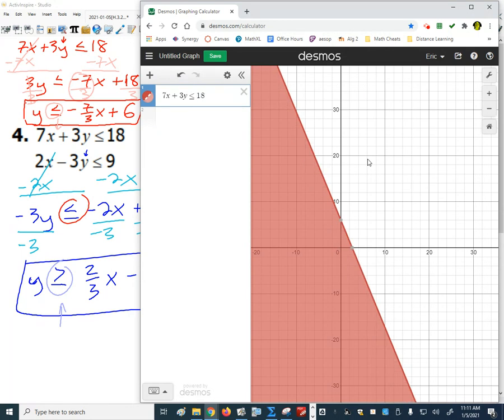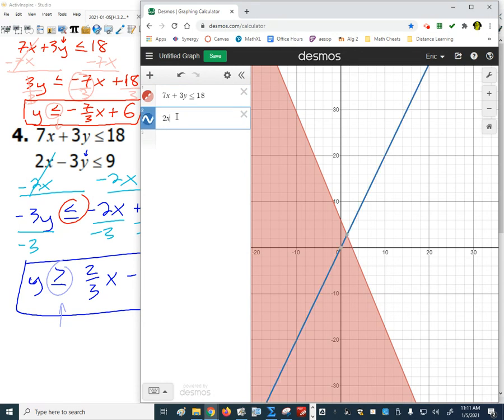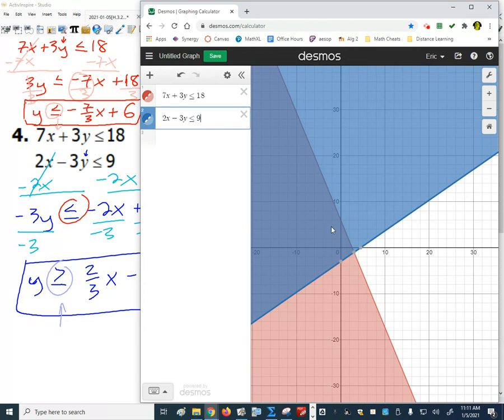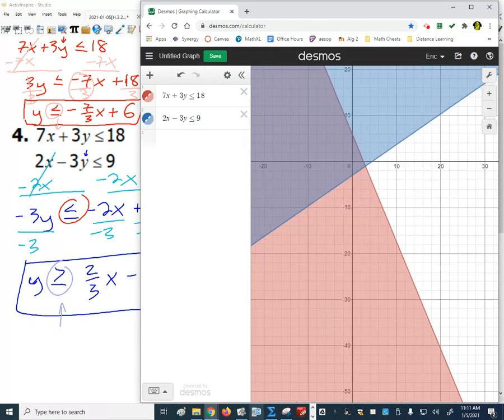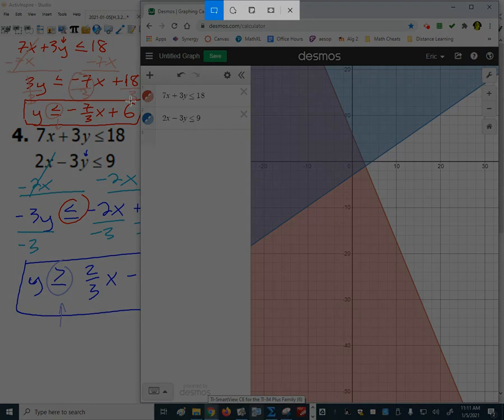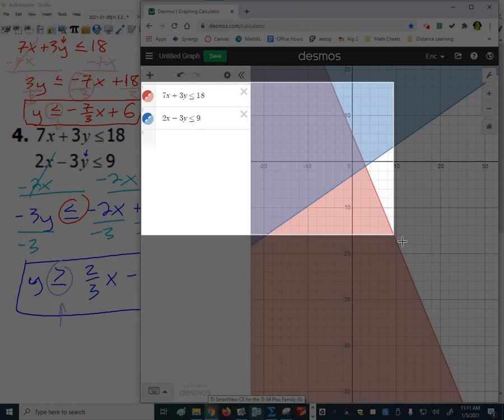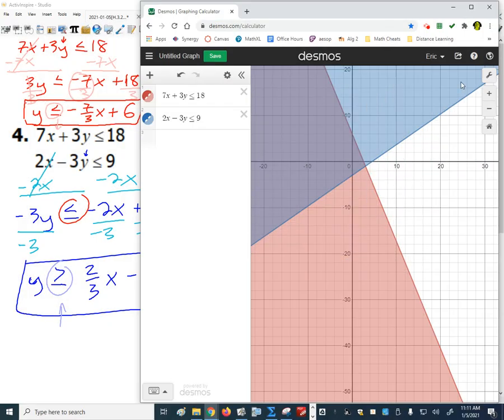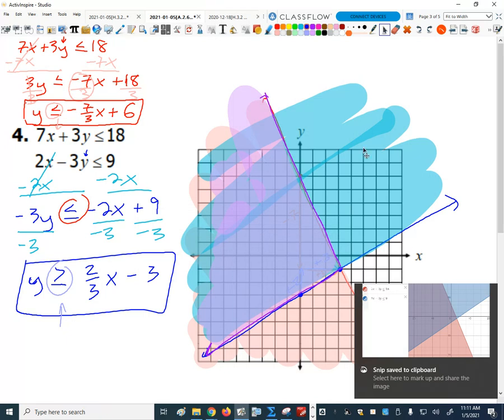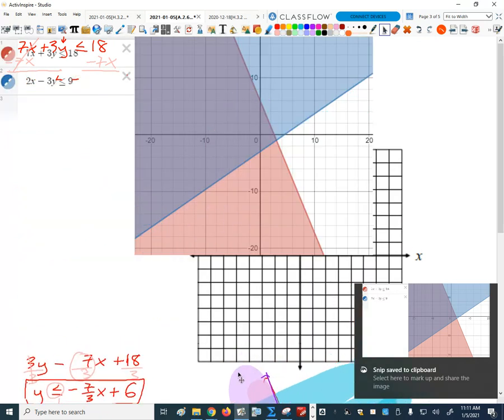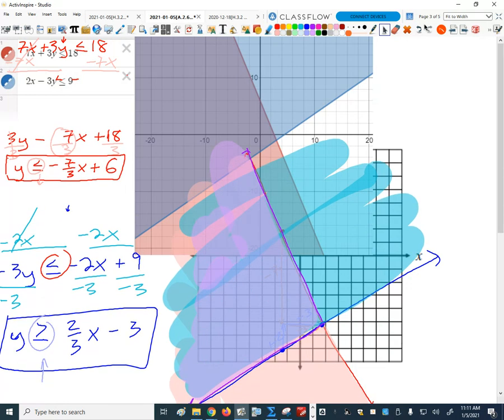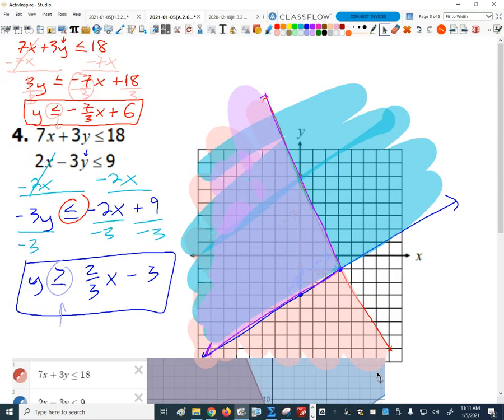Don't have to solve for y. And then for the next one, 2x minus 3y is less than or equal to 9. And there's my solution set. I'll put that on there for your notes.